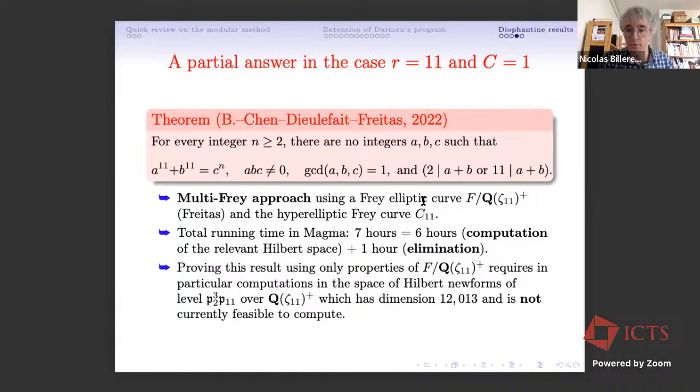And that space of newforms has dimension 12,013, and it's not currently feasible to compute with it. So there's no way you can, at least from now, using the current technology in terms of computation of modular forms, there is no way you can prove these results using only elliptic curves. You have to go to Frey abelian varieties of dimension greater than 1.